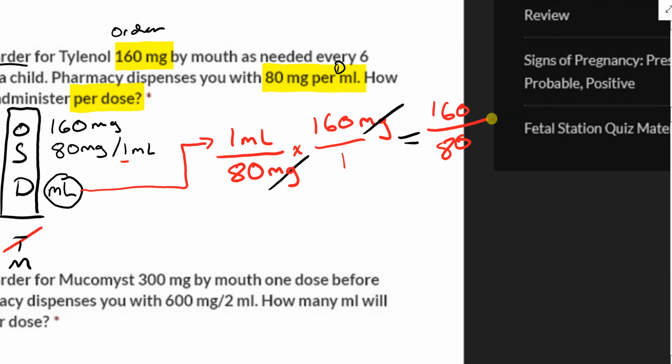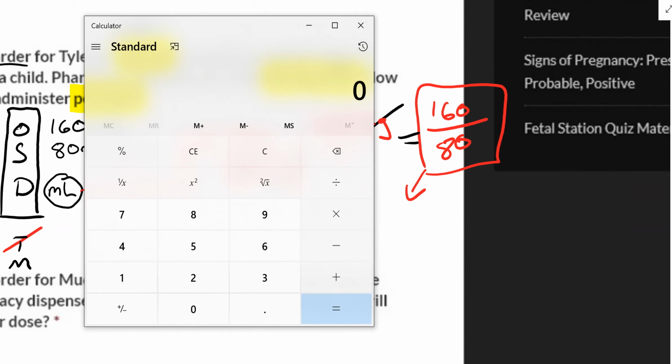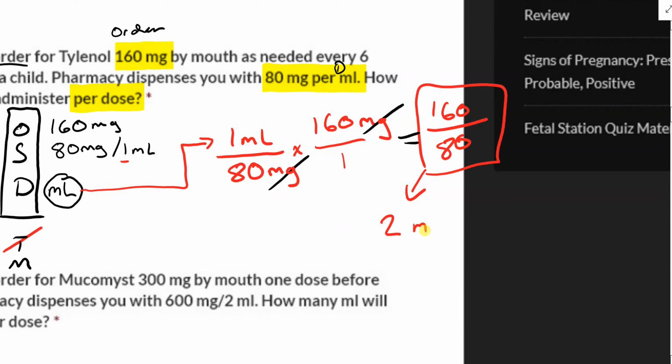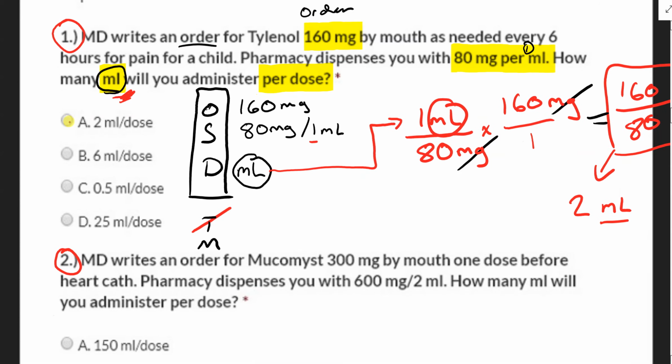Let's pull up a calculator. 160 over 80 gives us 2. We're left with 2, and the unit left right here is mLs, and that's what we wanted. Let's see if that's an answer. Yes, it is. So it's 2 mLs. That's exactly what we wanted. And so there we go with that one.